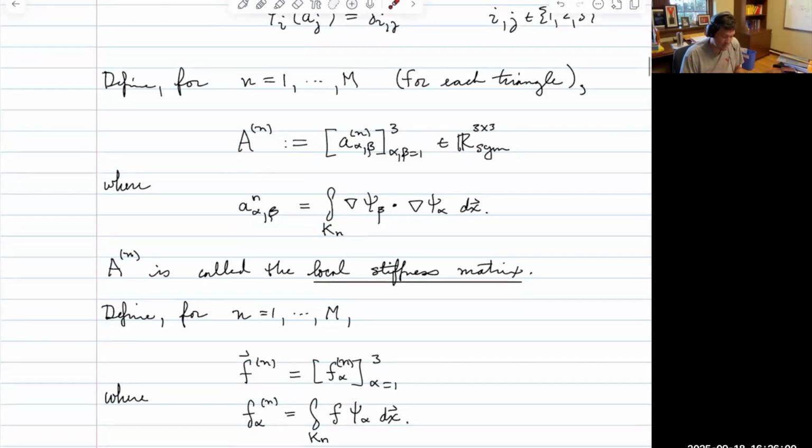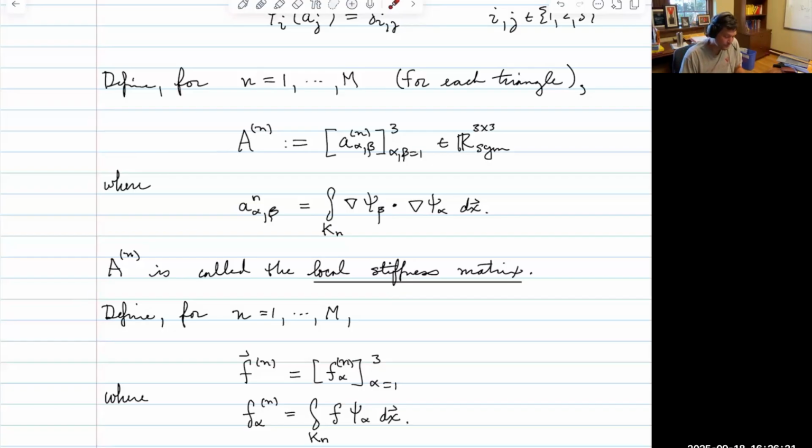This is the so-called local stiffness matrix. Now, how does the local stiffness matrix help you obtain the global stiffness matrix? It takes a little bit of practice and thinking to realize how this works, but I'm going to show you in just a second.